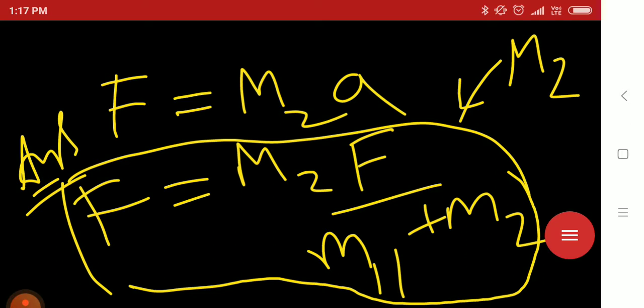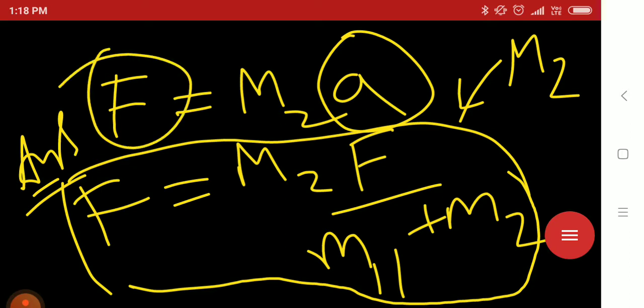Let me give you the gist. For finding the force of contact between the two masses M1 and M2, we found that both have a common acceleration A. F equals M1 plus M2 into A, so A equals F by M1 plus M2, because the only external force acting on the combined system is F. So let the contact force be F prime, which equals M2A, that is M2F by M1 plus M2.